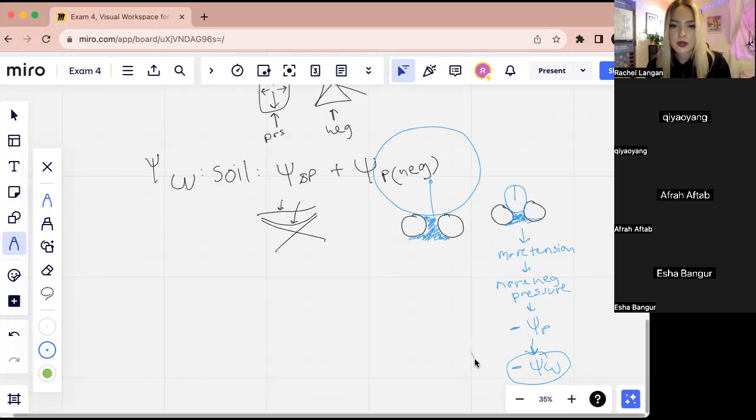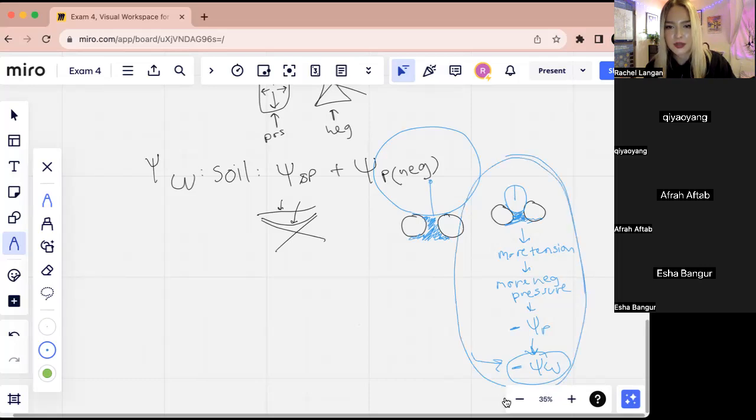If this gets lower and lower, we've decreased the gradient from the soil to the root cells. So we get less movement of water into plants in low water soil, which is intuitive, but again, on the test, you can't just say, obviously it's dry soil, less water movement. You're going to have to say this.